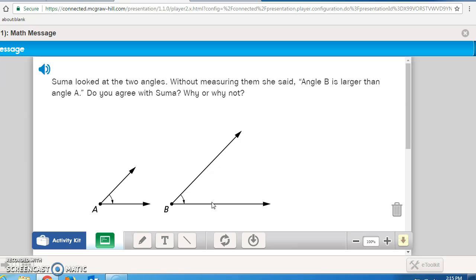What do you notice about the two angles? This angle and this angle. I hope you're noticing that the spread of the rays, remember, this is one ray here and one ray here, and this is a ray extending up to the top, and this is a ray extending over to the side, that when you lay them on top of each other, they line up.